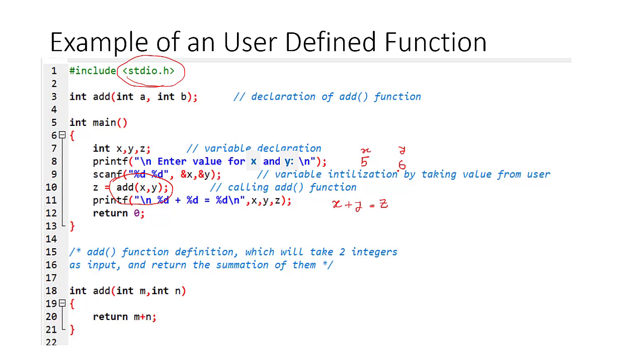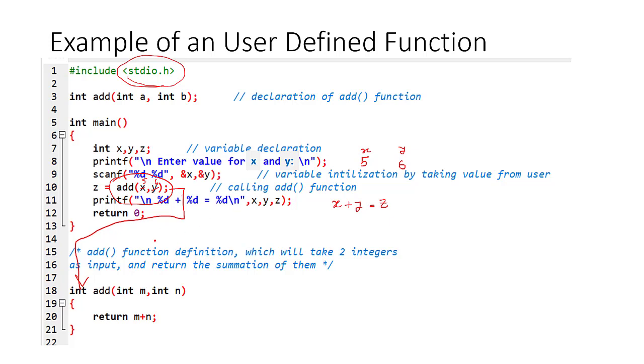So with the parameters x and y, that is now 5 and 6, the add function will be called. From this point, the context will be switched to the add function. So the execution will move from the main function to the add function.